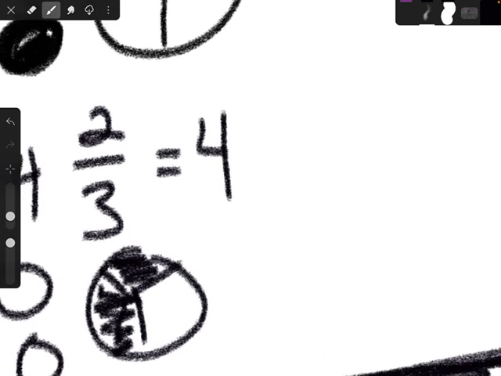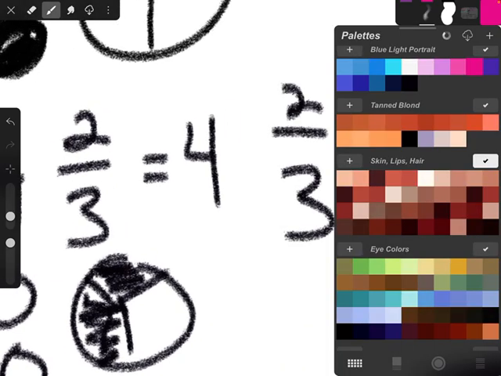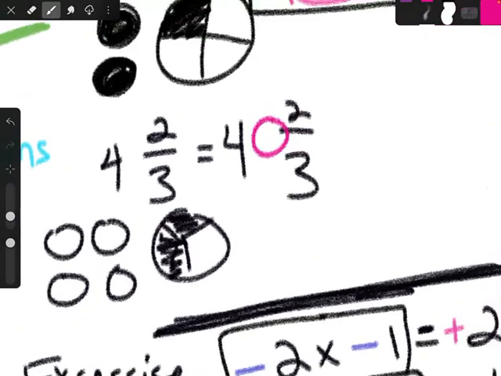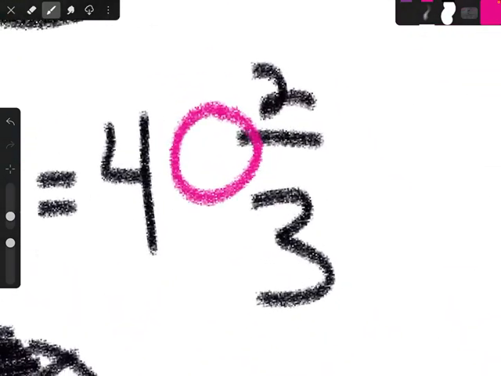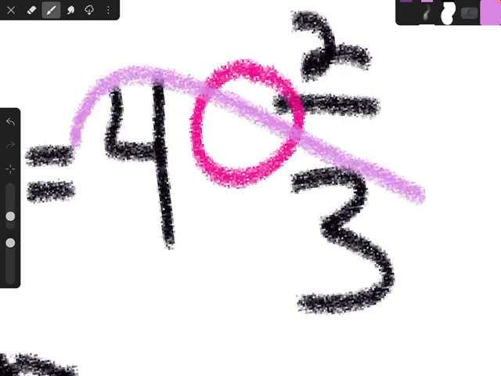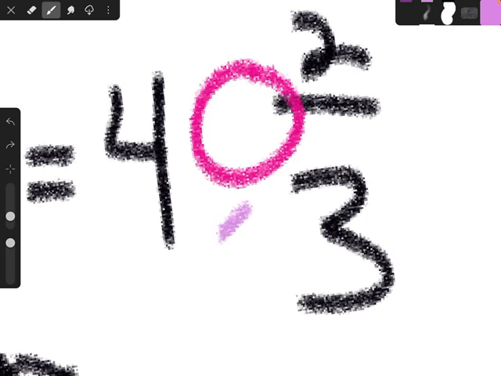Well, first step, I need to draw a circle. Because we're talking about pies, we need a pie. It's going to help us know what to do. Next, we need to multiply these two, right? So we need to do 4 times 3.